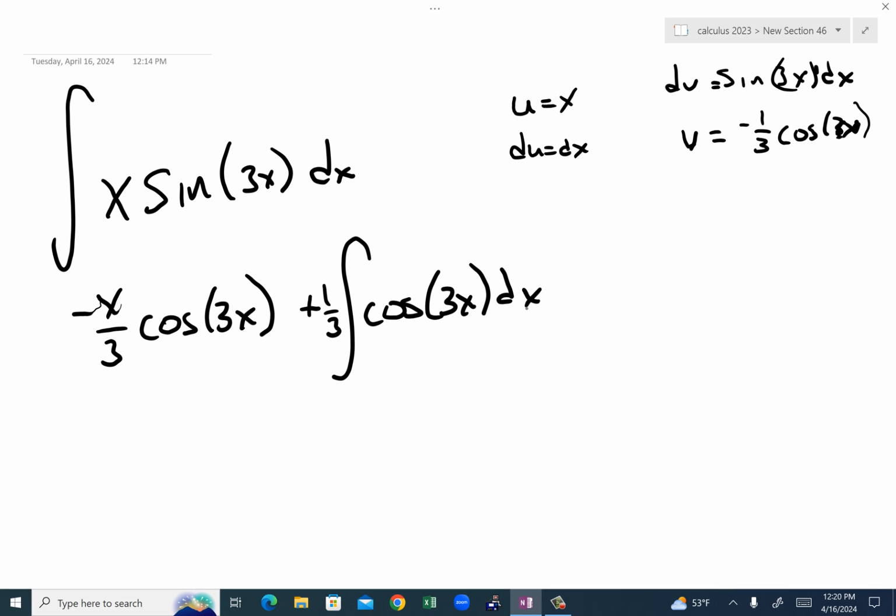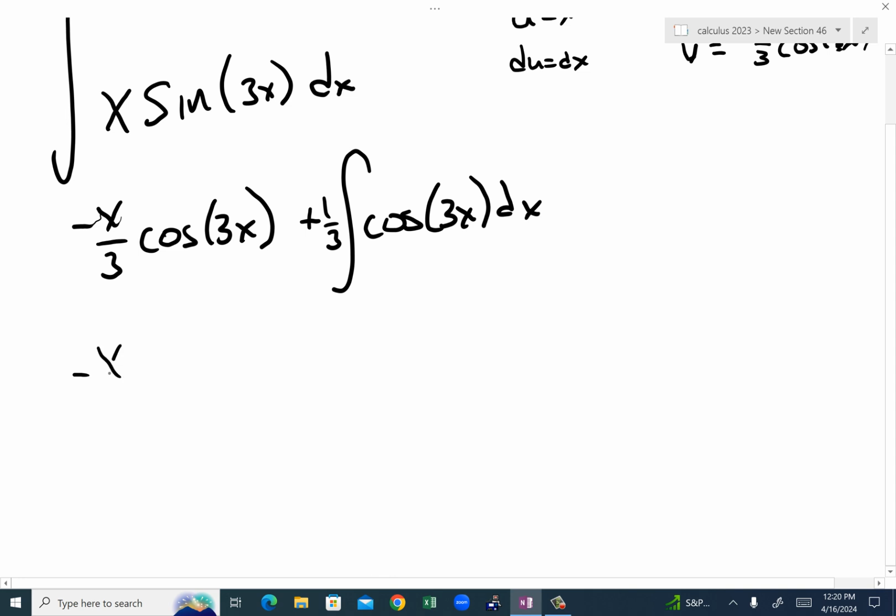What would the algorithm say to do if you have a function and a function? Substitution again, yes? So here, negative x over 3 cosine 3x. And then what is this? From whence did this feller come? Who is he the derivative of?